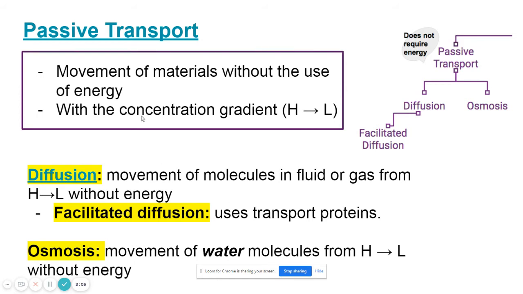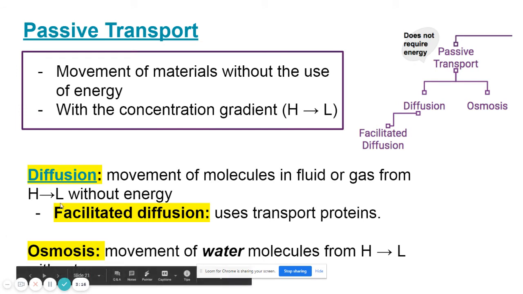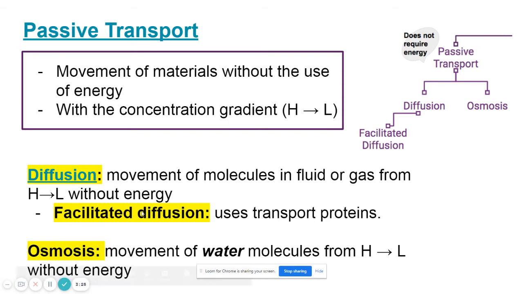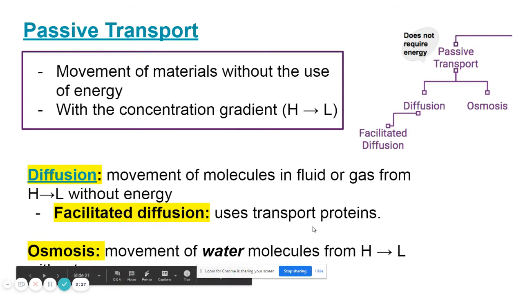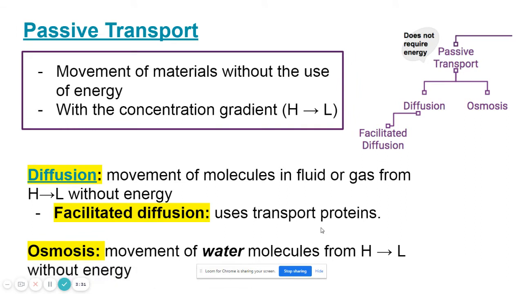One type of passive transport mechanism, like we said, is diffusion, which is defined as the movement of molecules in fluid or gas from an area of high concentration to low concentration without energy. A specialized type of diffusion is facilitated diffusion, which does the exact same thing, but it uses transport proteins. Now, if you remember from our talk about the cell membrane, we said that the cell membrane is generally nonpolar.